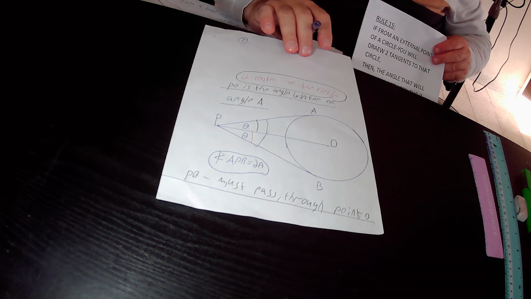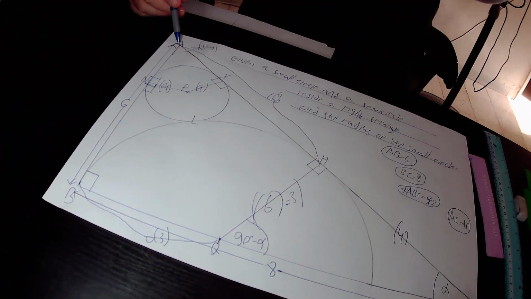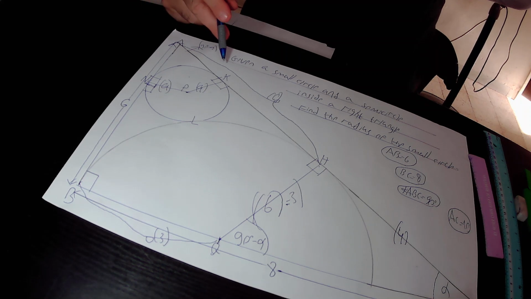So I can actually implement rule 15 in our drawing. Why? Because in our drawing, if we focus on this point A, from this point A, we have two tangents to this small circle, tangent AN and tangent AK.